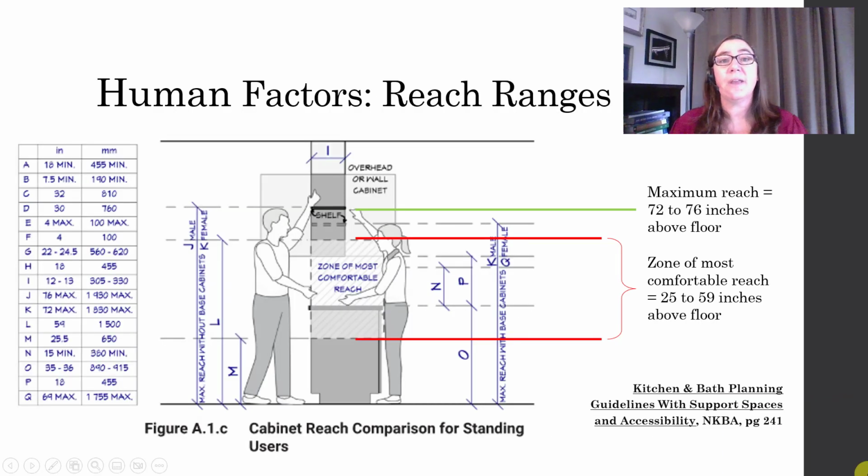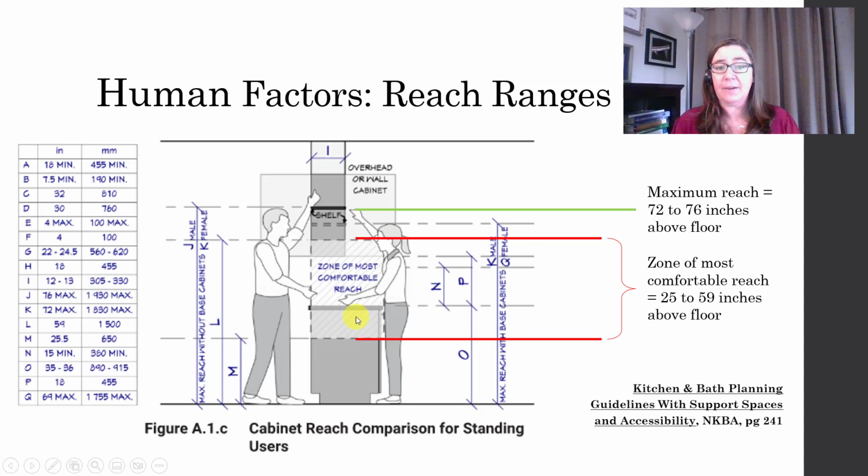Let's take a closer look at those reach ranges. This illustration is from your planning guidelines book. Take a look all the way in Appendix A. What you can see here is the zone of comfortable reach, where the most commonly used items should be stored, where most of your controls should be located.